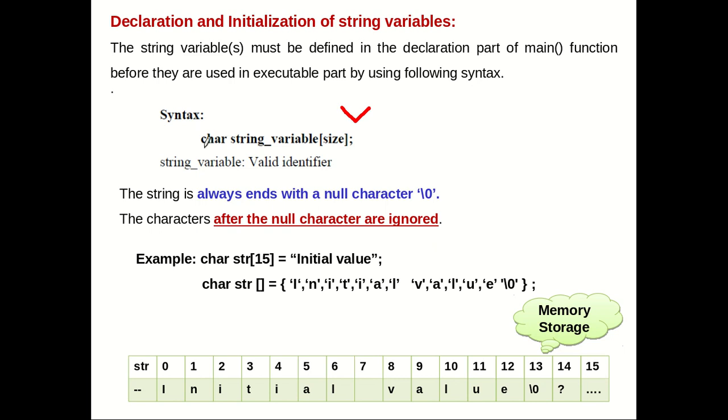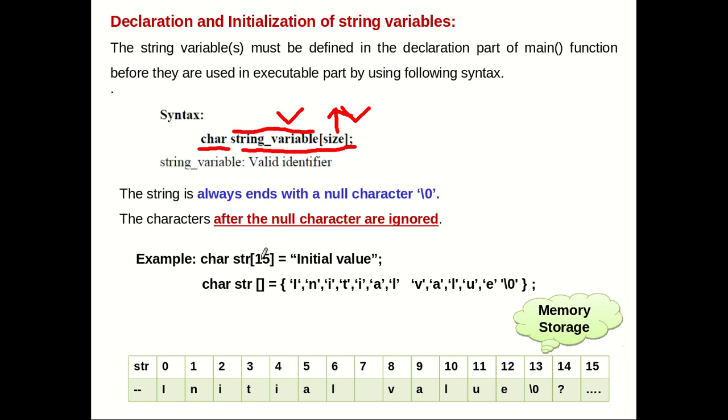Here this is the name of the variable. This is the size of the variable, the maximum number of characters. This particular segment is called the array of characters. The data type is character. Here string variable is any valid variable name.